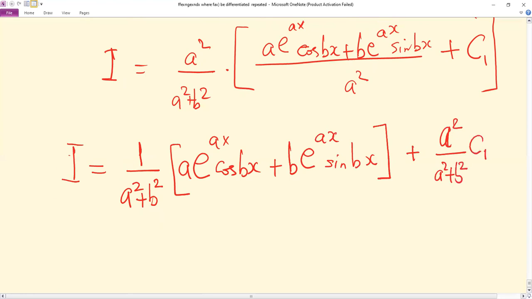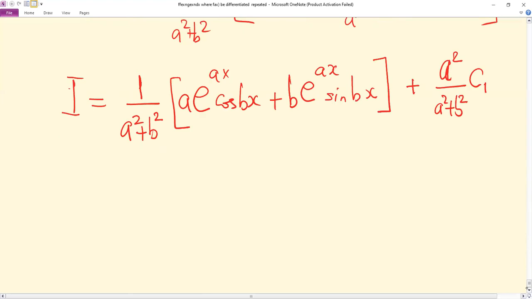Remember, a, b, and C1 are just constants.